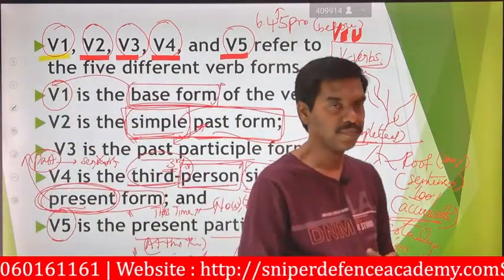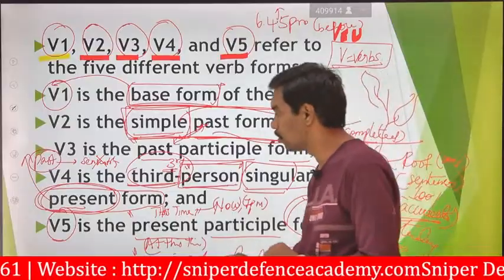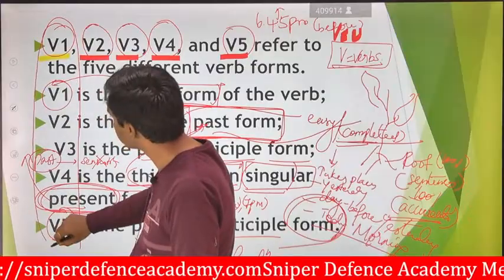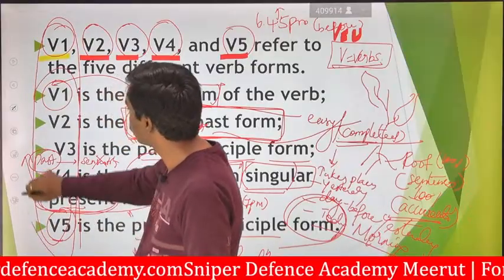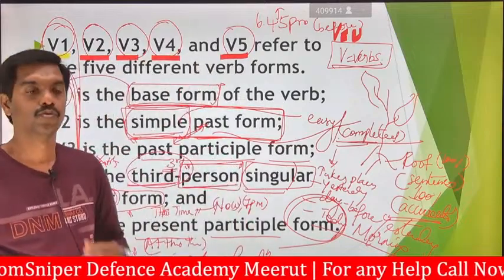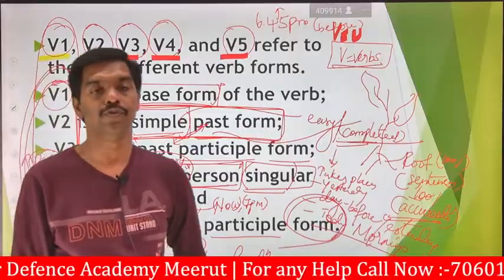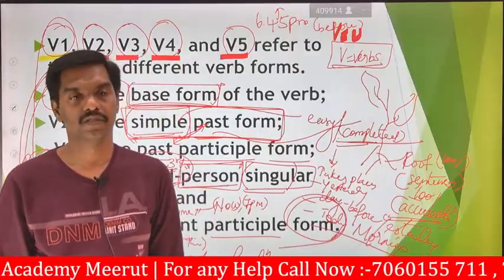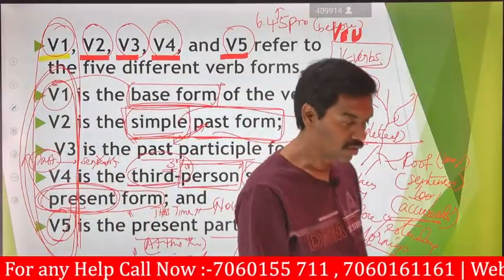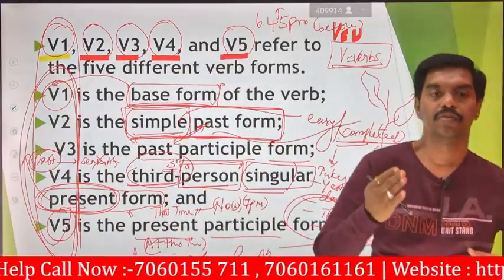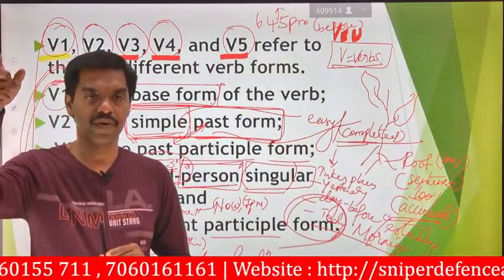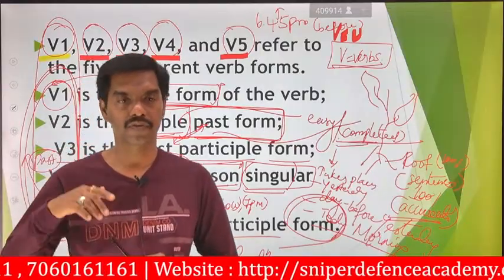All these forms are also replaced in terms of verbs by numbers: V1, V2, V3, V4, V5. So whoever asks, you should know that. For example, your friend or your teacher may ask the question: what is V1? Immediately you have to say it's the base form. You can also say it's the root form.